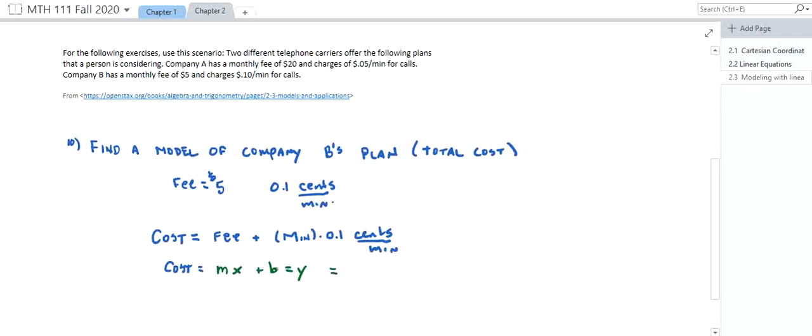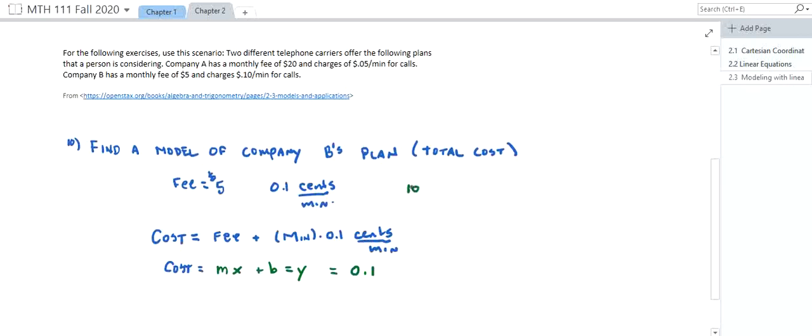So cost equals, well, m is our slope, and that's our number of cents per minute. So 0.1 is our slope, and actually this is not really cents per minute.